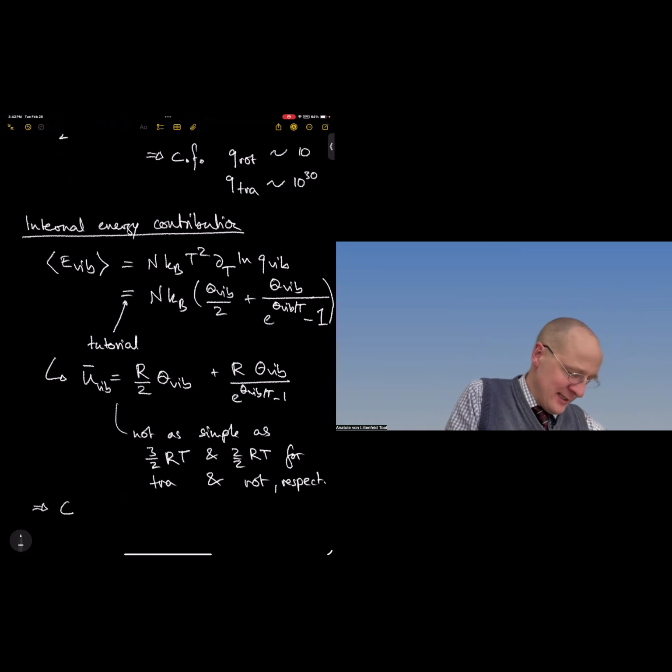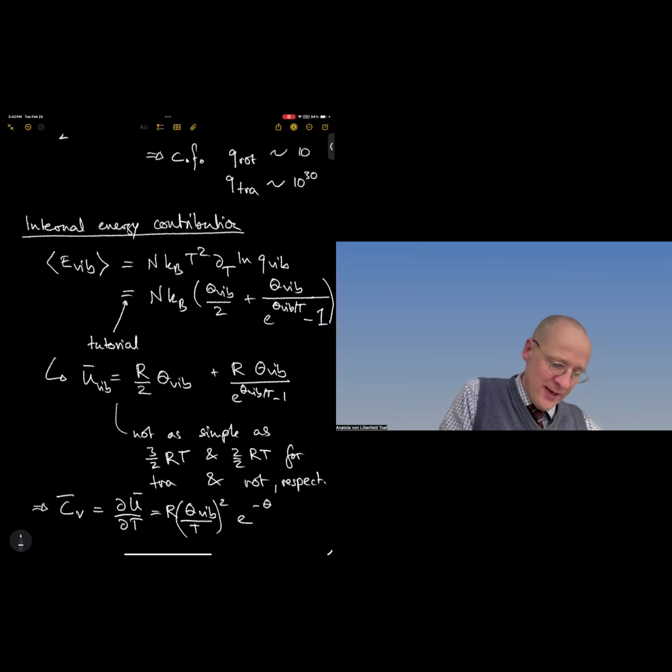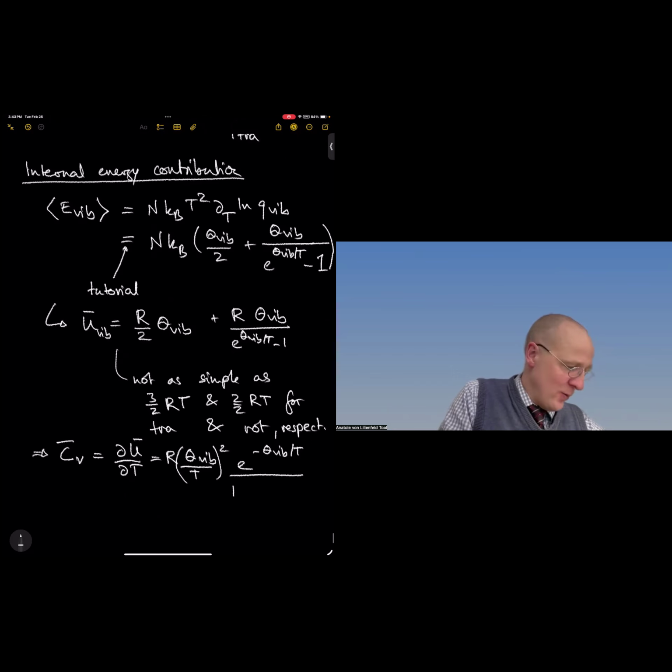For instance, your heat capacity, again, we stick to the molar one, which is your temperature derivative, then becomes your R squared e to the minus theta vib over T divided by 1 minus e to the minus theta vib over T squared.